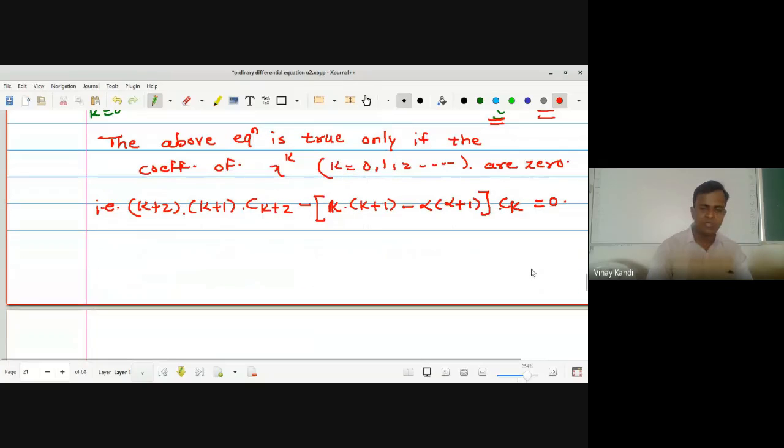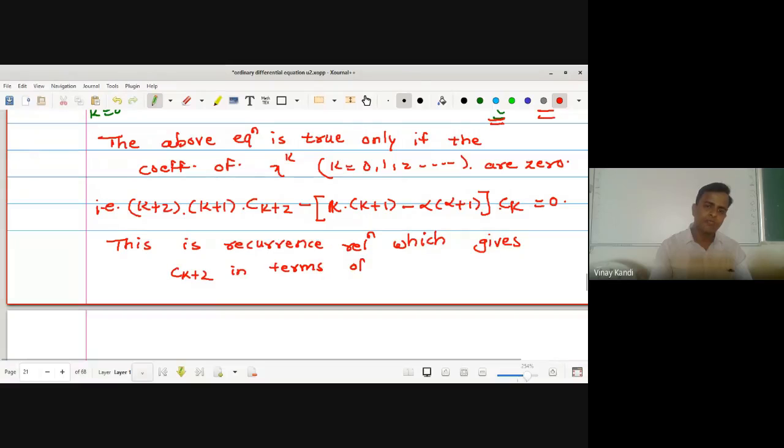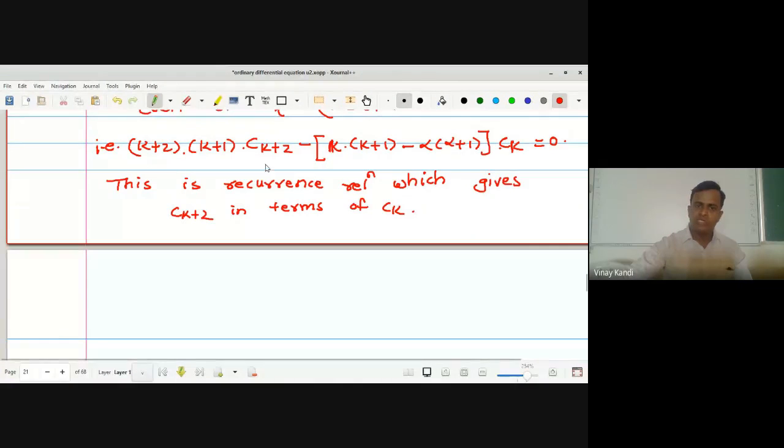Okay, now from this we get the recurrence relation. What is the recurrence relation? This is the recurrence relation which gives c sub k plus 2 in terms of ck. Find out the value of c sub k plus 2.